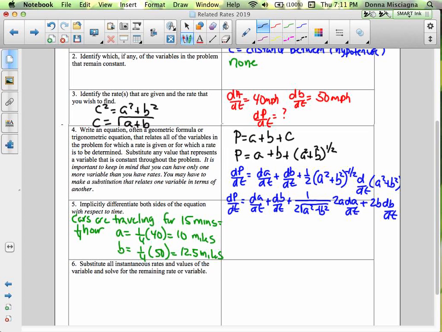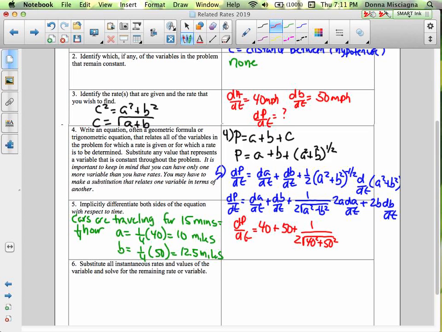So this was 4, and this was 5. We've taken the derivative. And so now 6, let's clean this up. Plug in and simplify. So we have dP/dt equals dA/dt, which was 40, plus dB/dt, which was 50, plus 1 over, I'm probably going to want a calculator, 2 square roots of 40 squared plus 50 squared.